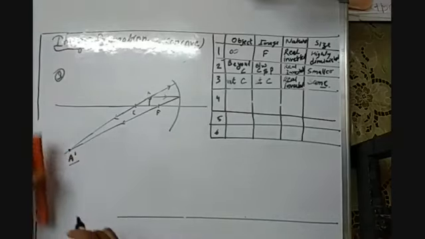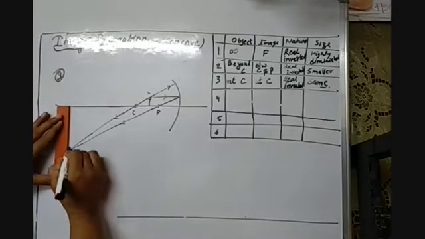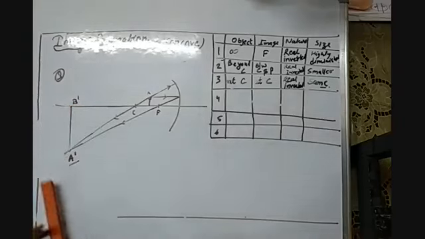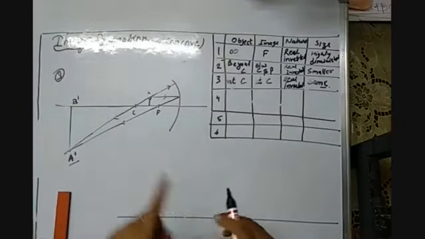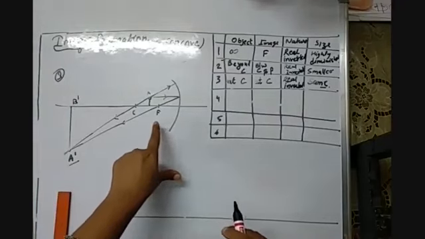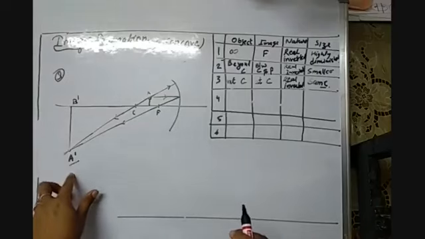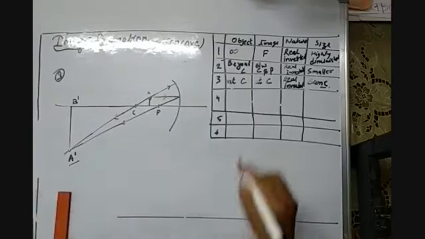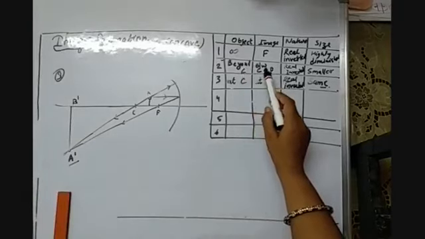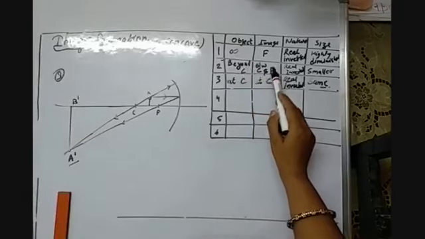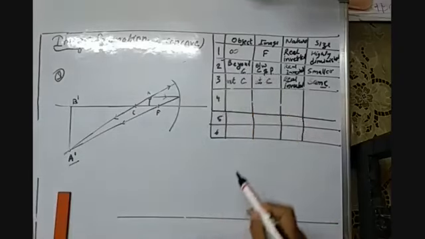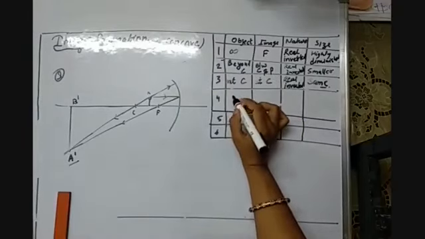We have to again make a perpendicular on the principal axis, that will be our B dash. Now you can see that when we keep an object between C and F, the image is forming beyond C. This is just opposite to the earlier case. When we kept the object beyond C, the image was forming between C and F. Now we have kept the object between C and F, the image is forming beyond C. So we have to fill the table as well.